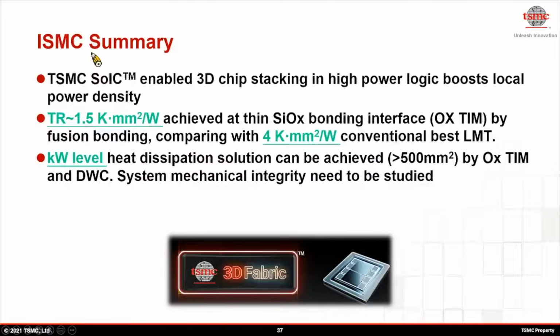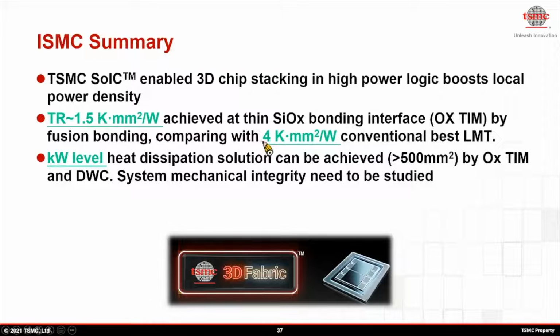Here is a summary of our integrated silicon microcooler study. 3D chip stacking requires more aggressive thermal solutions. Oxide tin, by leveraging our SoIC fusion bond, can greatly reduce the resistance of the best known liquid metal tin.